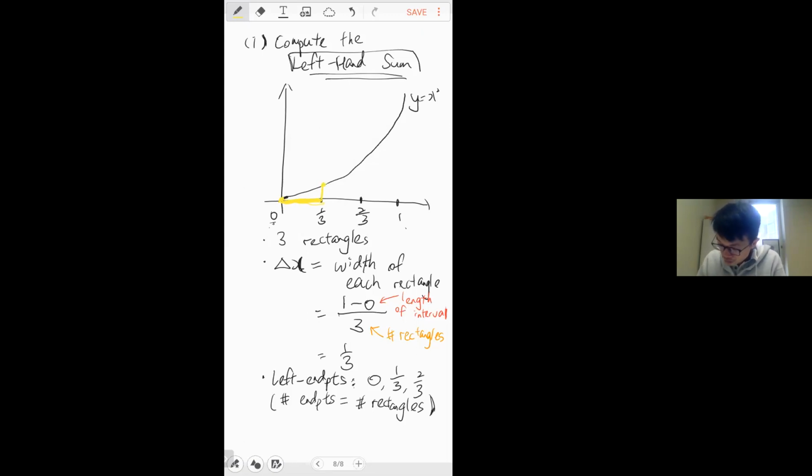So the rectangle should look like this. Same thing for the last interval. From 2/3 to 1, I'm using 2/3 as my left endpoint. So the rectangle for the last region will look like this. Is it okay? Any questions?